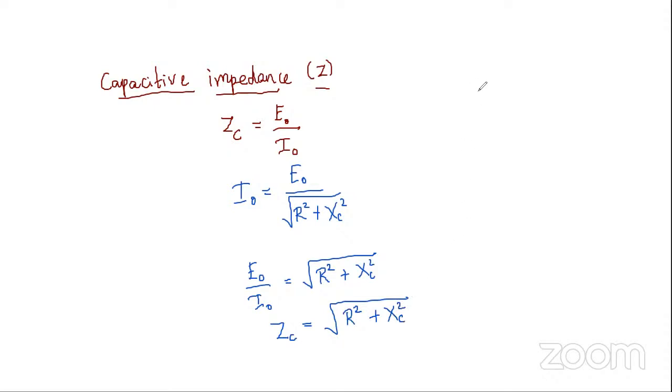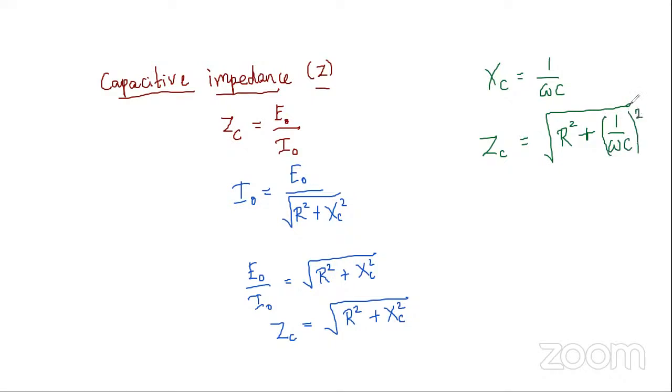So here XC we know very well. XC is nothing but 1 by omega C. So using this, we can find out ZC is equal to square root of R squared plus, instead of XC, we have to substitute 1 by omega C the whole square.